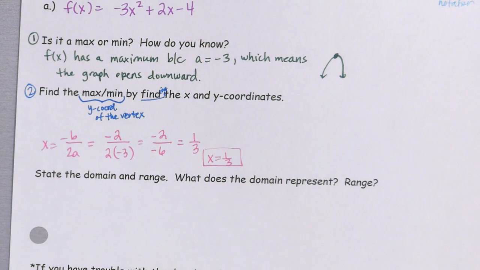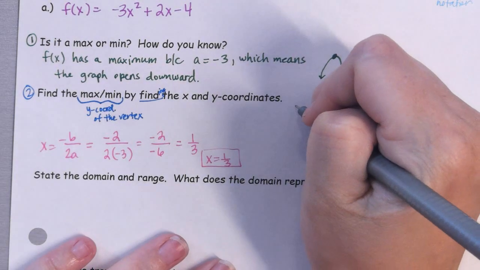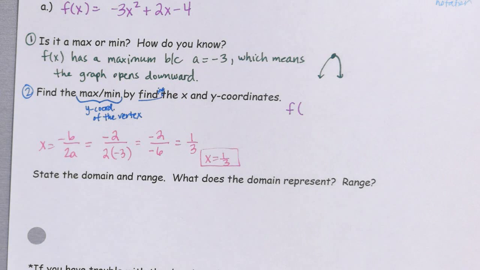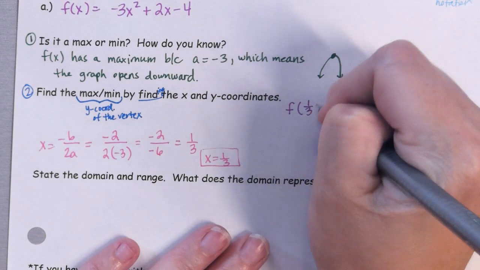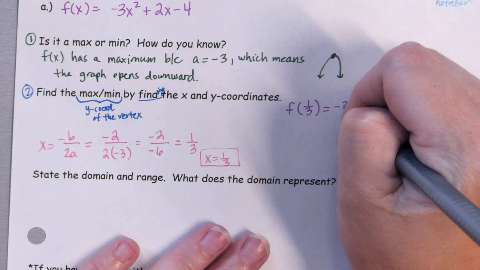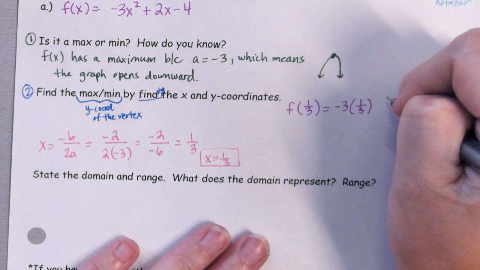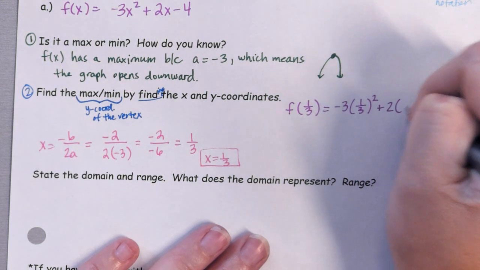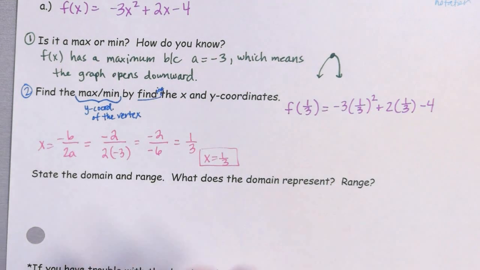Alright, so if x equals 1/3, I can find the y by plugging it into my original function, which we are going to do today using mental math. Alright, so work through this with me. Okay, so f of 1/3 equals negative 3 times 1/3 squared plus 2 times 1/3 minus 4.